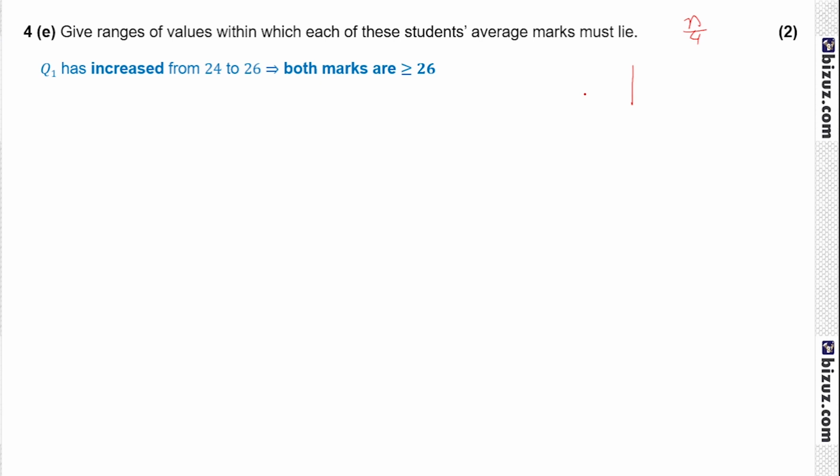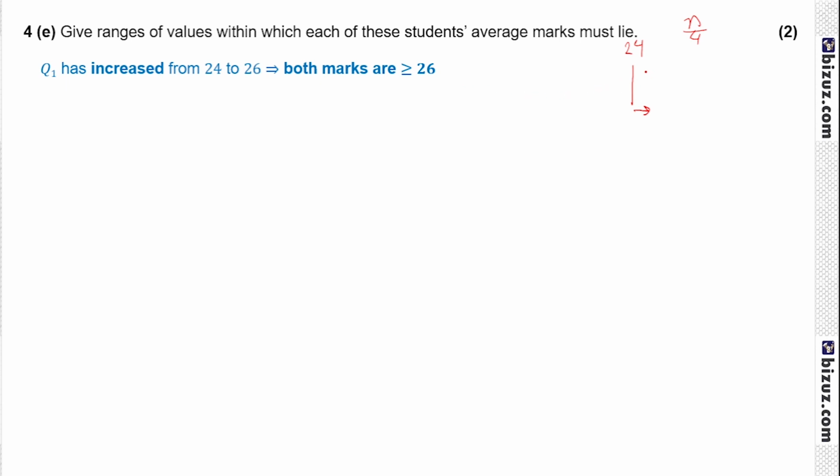Whether or not that happens, the fact that Q1 has increased from 24 to 26, nudged in the right direction, suggests that both those marks must be to the right of 24. And in fact, they actually have to be greater than or equal to 26.